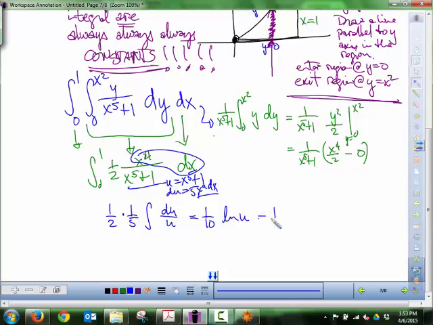And I usually like to go back to the other stuff, so x to the 5th plus 1, and then I evaluate this now from 0 to 1. If I put 0 there, I get ln of 1, which is 0. So if I put 1 in there, I get ln of 2. And that's it.